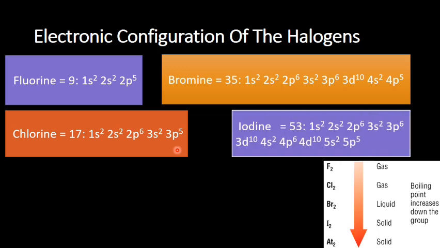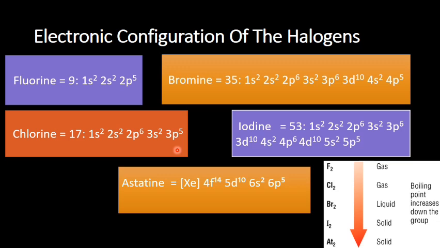We also have iodine. The atomic number is 53. Then we have astatine. So all these are members of the halogens: fluorine, bromine, chlorine, and iodine. They are all members of the halogens, including astatine.